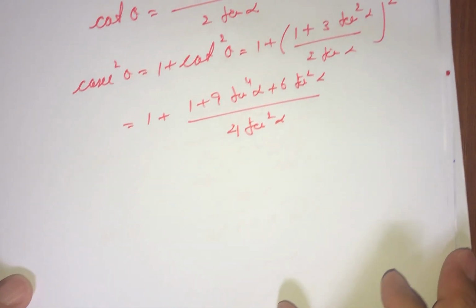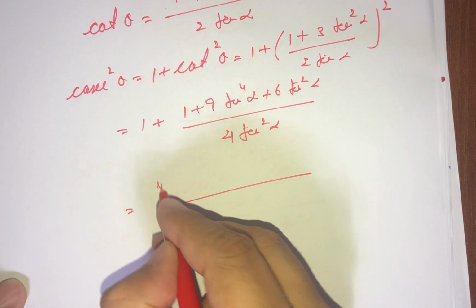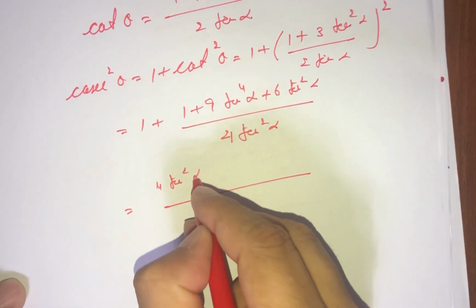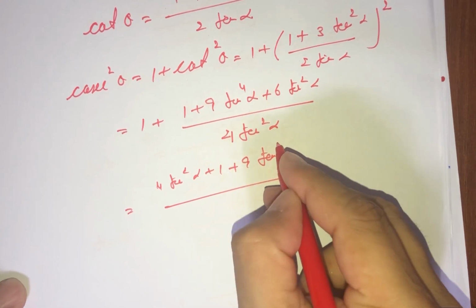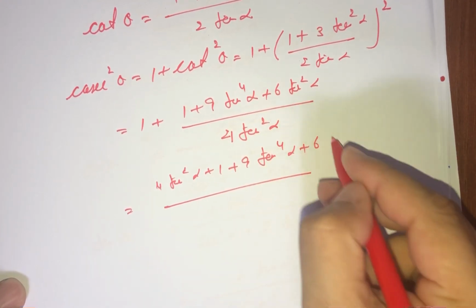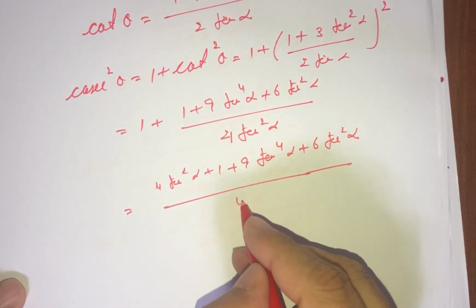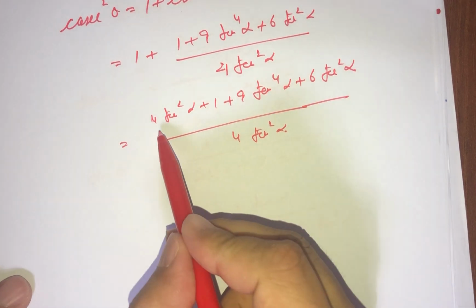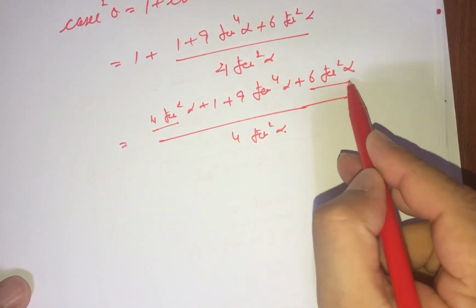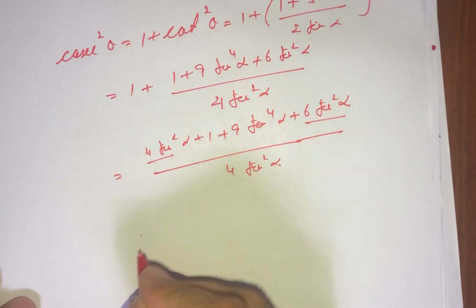Taking the LCM, this will be equal to 4 tan square alpha plus 1 plus 9 tangent 4 alpha plus 6 tangent square alpha divided by 4 tan square alpha. 4 tan square alpha plus 6 tangent square alpha will be equal to 10 tangent square alpha.